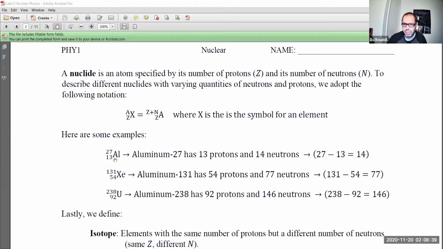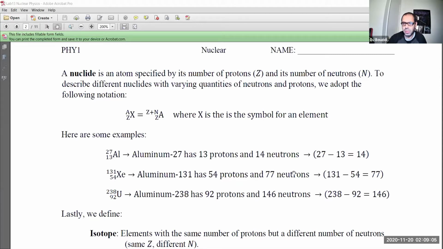So aluminum 27-13 has 14 neutrons and 13 protons. That's in a nutshell how you come up with this number. Because the sum of the protons and neutrons is 27, I can find the number of neutrons just by subtracting the 2.